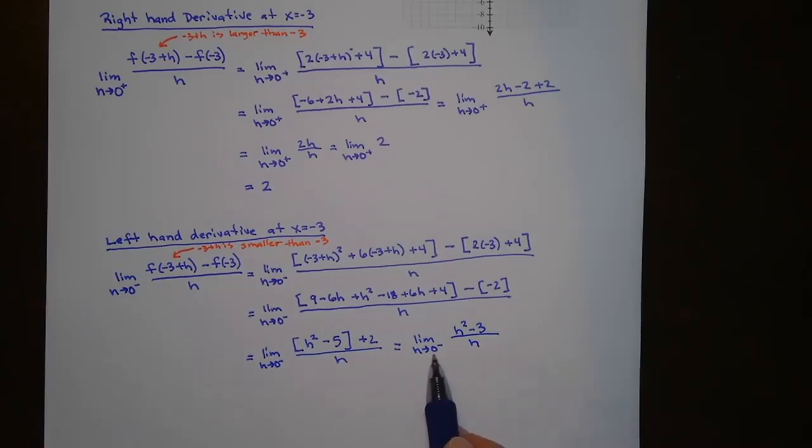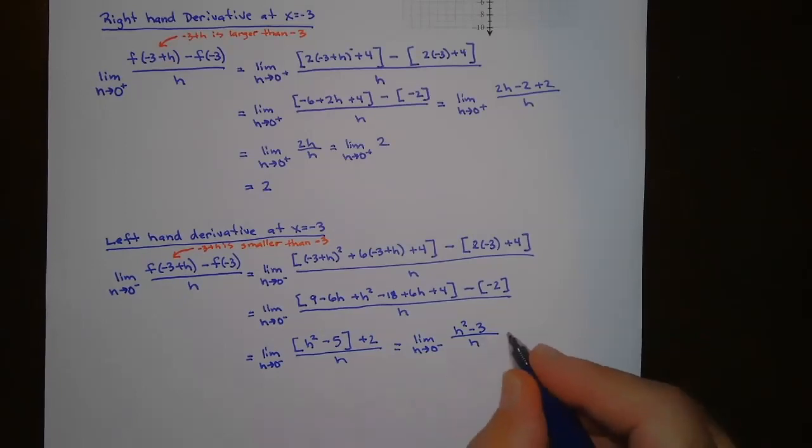Okay, so we're approaching 0. The best way to do this is to separate this and make it h. This came from subtracting two fractions with a common denominator of h. I've done this a couple different ways over the years.